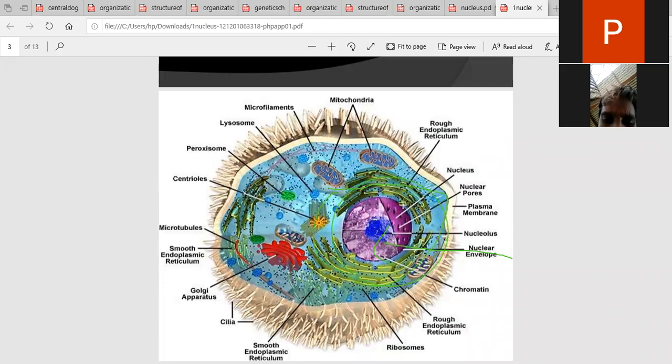You can see here in this diagram the circular shaped membrane, that is the nucleus.